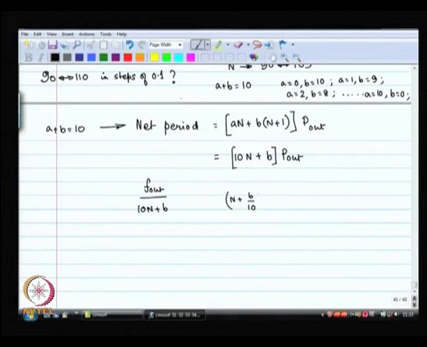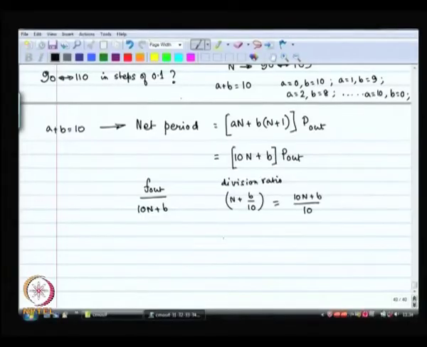This is a specific example that we are doing. That is equal to 10 times n plus b by 10. Okay. That is my division ratio, which means that the frequency f ref is equal to 10 n plus b times f out.